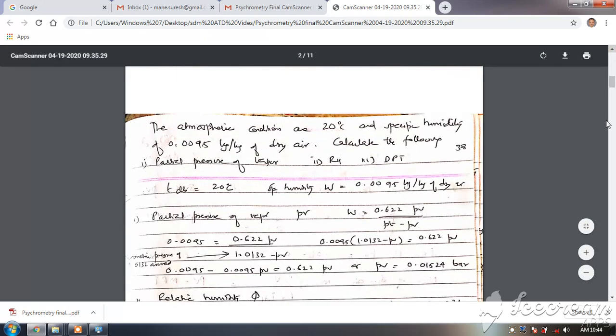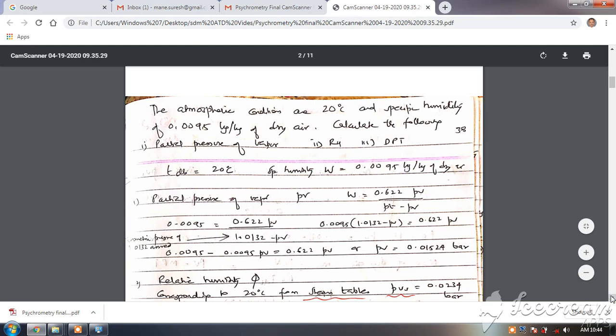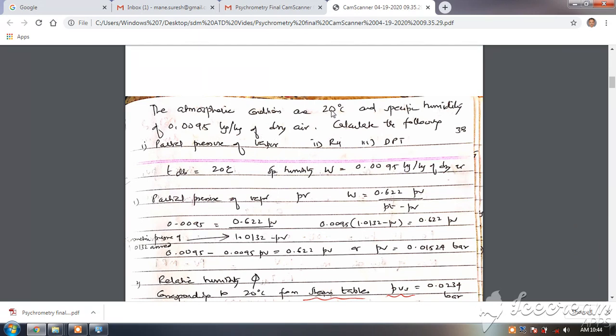Okay, now you have seen that when the temperature is given straight away as 20 degrees, you have to consider that as the dry bulb temperature. When the dry bulb temperature is known, straight away take the steam table and find the saturation pressure. That will be PVS, the partial pressure of vapor at saturation. And when omega is given, straight away use the formula for omega.